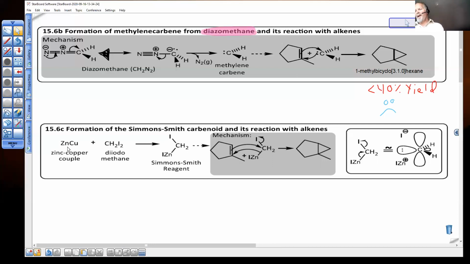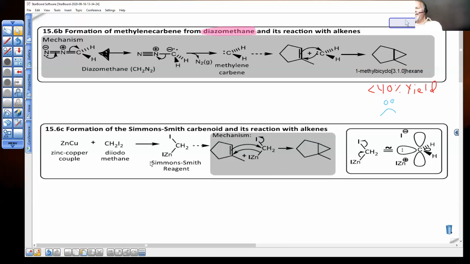And that is a redox alloy that will insert itself in between one of the carbon iodine bonds in diiodomethane. We have a very limited scope here. They have to be iodines. It doesn't work very well with the other halogens. You don't have to know the mechanism because it's not well known.